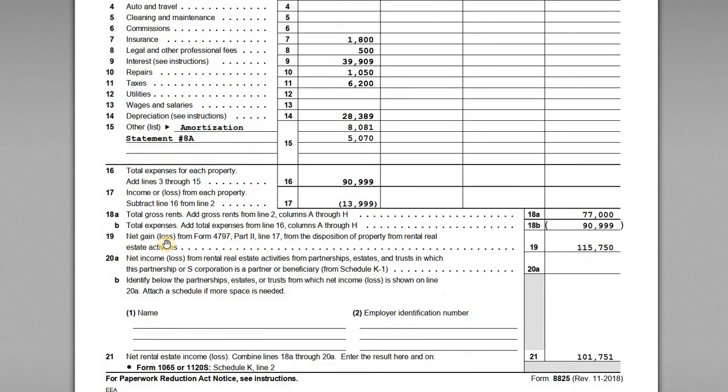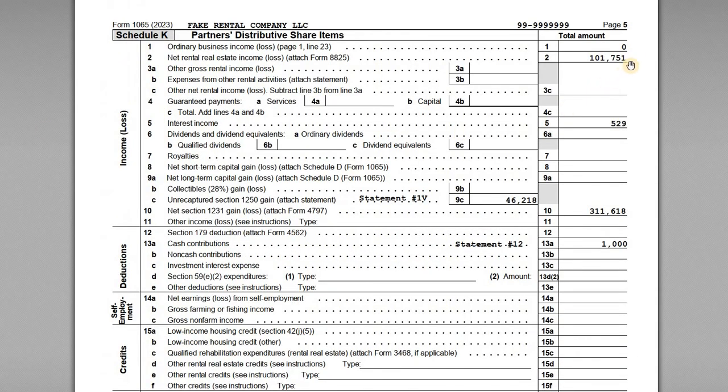And then line 19, we have our net gain or loss, Part 2, line 17, from the disposition of this property for rental real estate activity. So there's the $115,750. So this gain gets included with our net rental real estate income or loss. So the $101,751 is ultimately what goes up here to line 2. All right, so that's those two items.